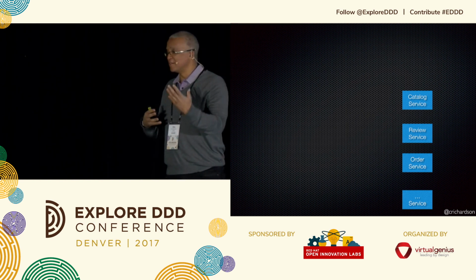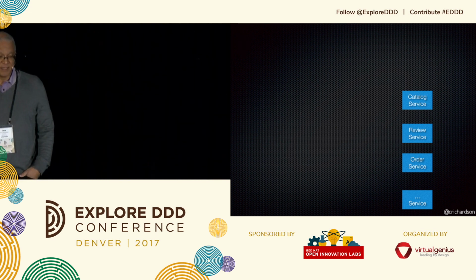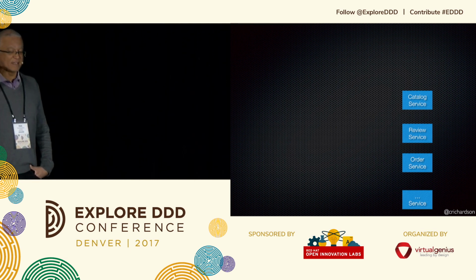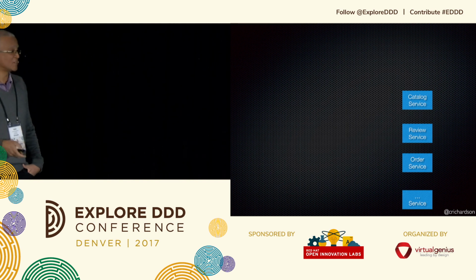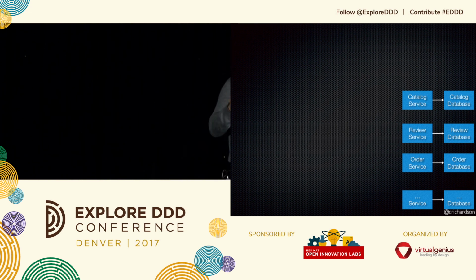So if we were to go back to the online store and look at the microservice version of this, it would look something like this. What were modules before now become self-contained standalone applications or services. Each one of those services has its own database, or to be more precise, its own private data.